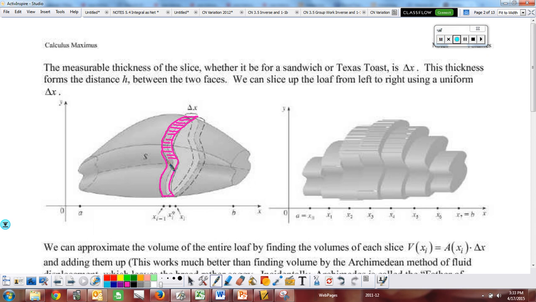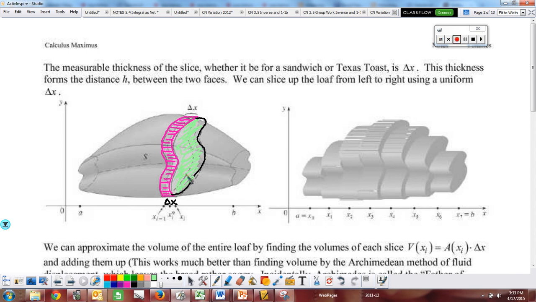If I were to look at this, no matter how I slice, because of the way that our width is coming across, and then let's get out this other side over here, this right here is a regular geometric prism. The height is going to be the delta x, and the area of the base, this portion right here, I'll highlight it in green, is going to be considered the base.